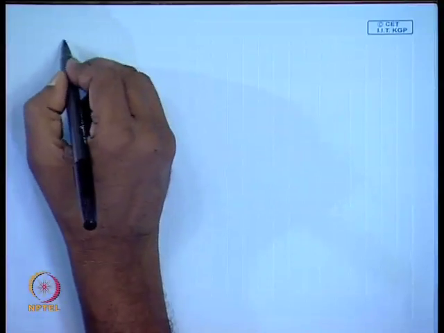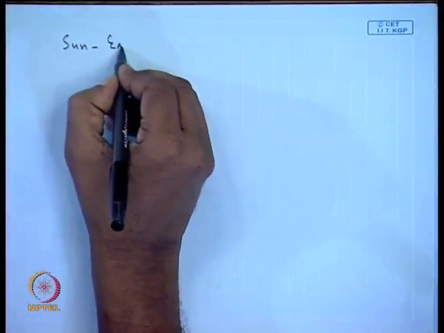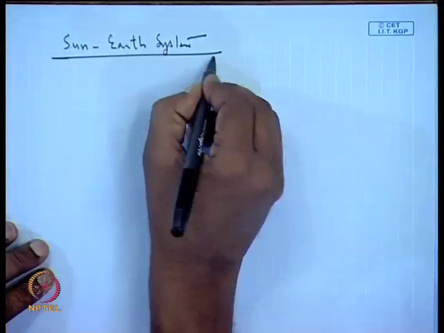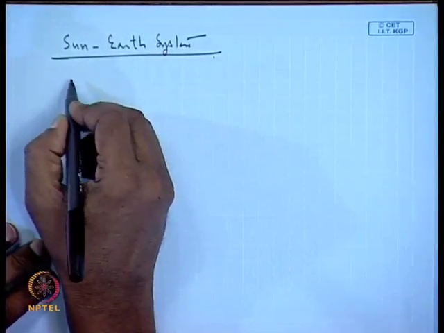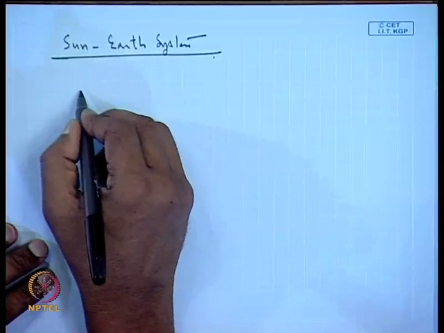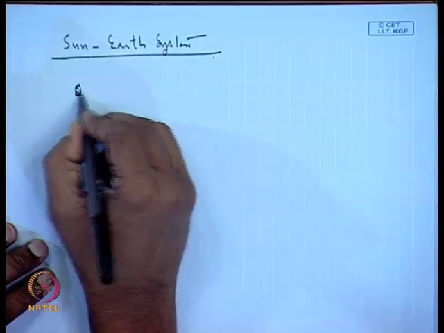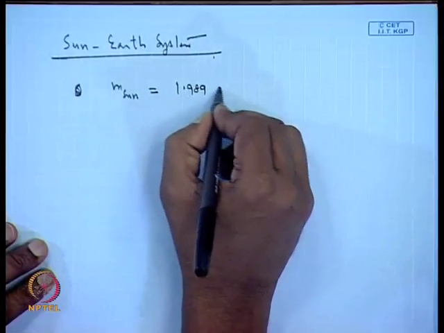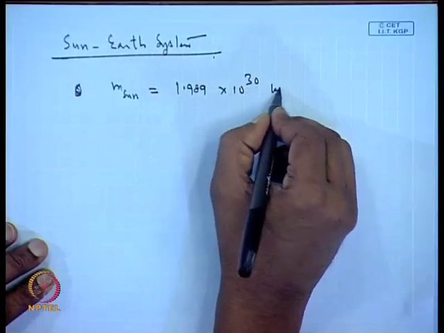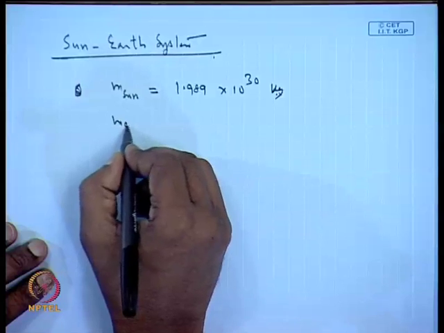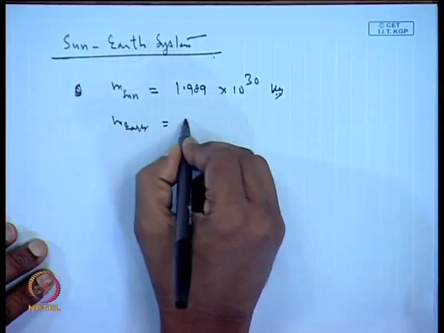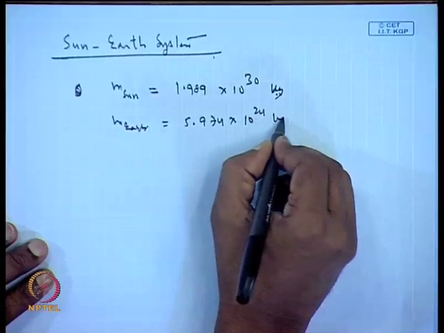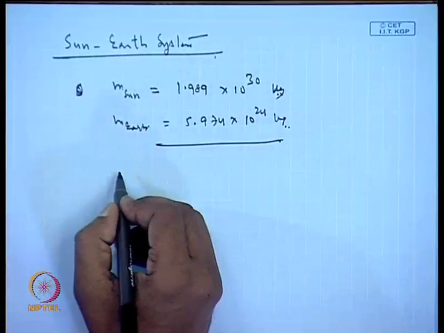So, for the sun earth system, we have the sun mass m sun as 1.989 into 10 to the power 30 kg, and m earth we already know is 5.974 into 10 to the power 24 kgs.